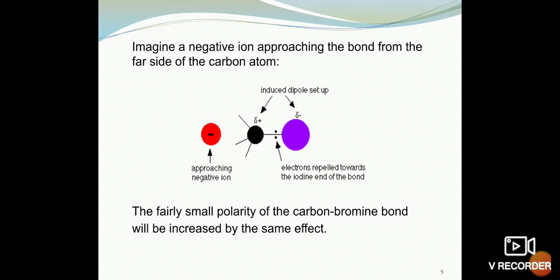So the electrons are repelled towards the iodine end of the bond. So this shows the induced dipole setup. Dipole means there are two poles, positive and negative pole. The fairly small polarity of the carbon-bromine bond will be increased by the same effect.